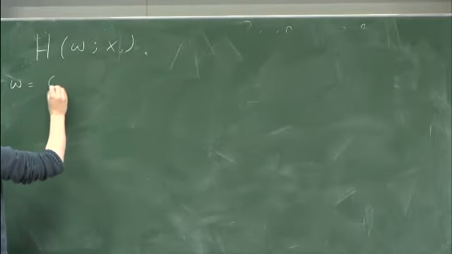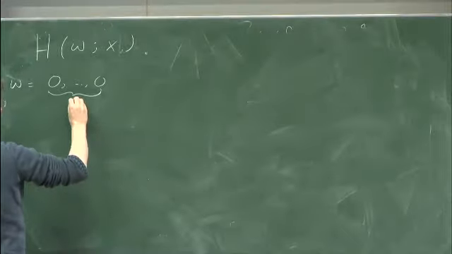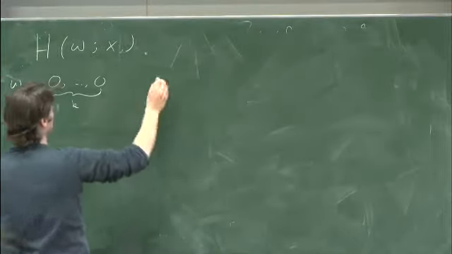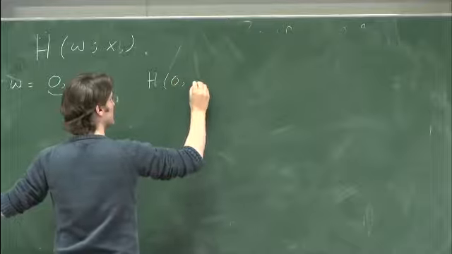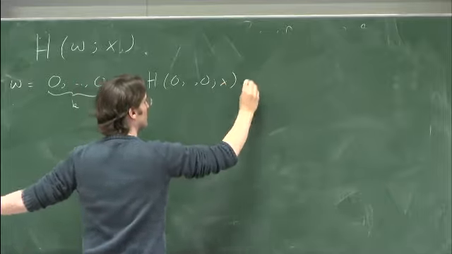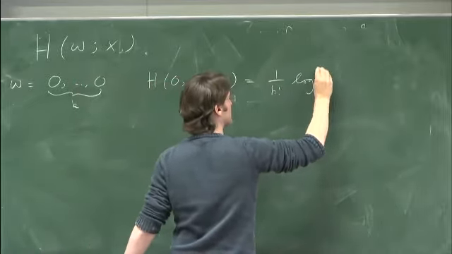If the word is a string of k zeros, then H of this string of k zeros, x is 1 over k factorial log x to the power k.